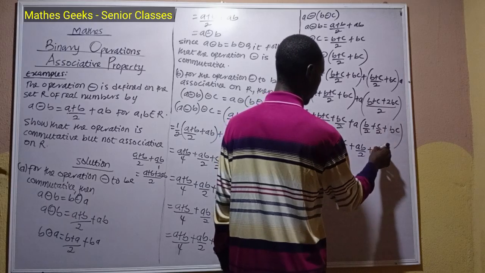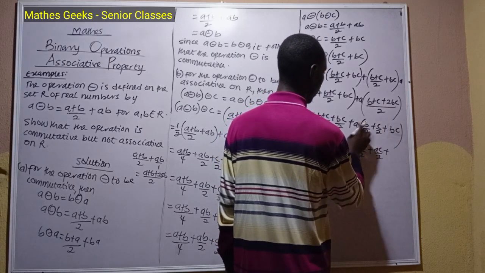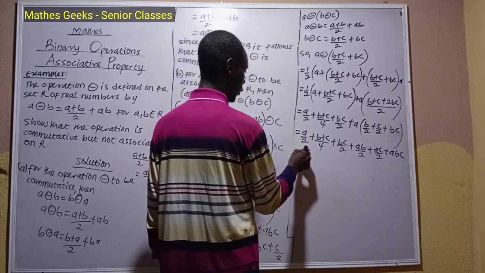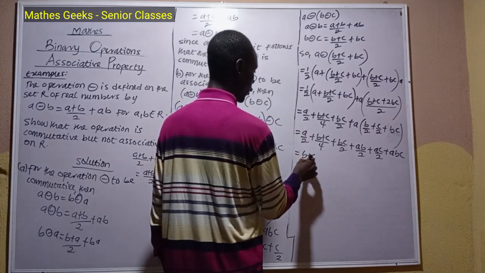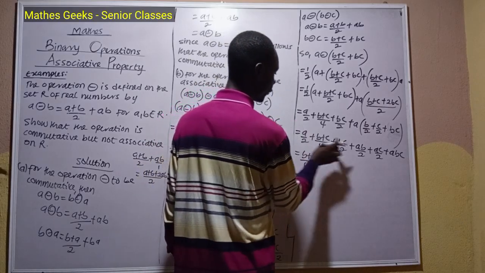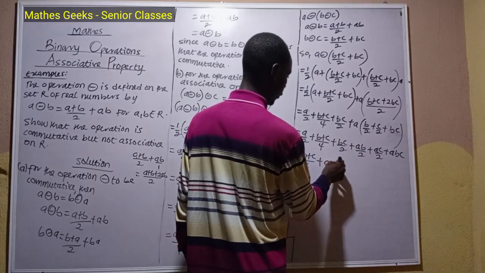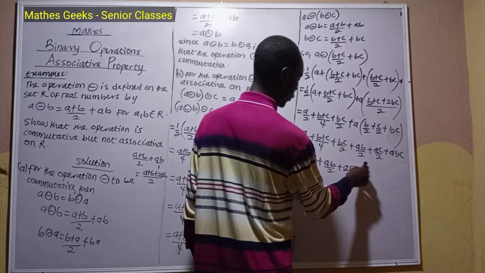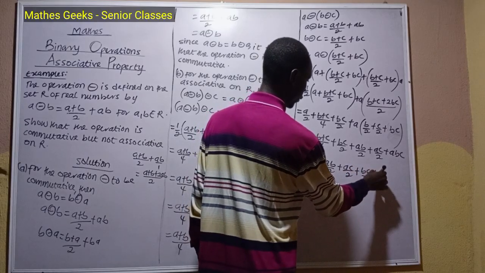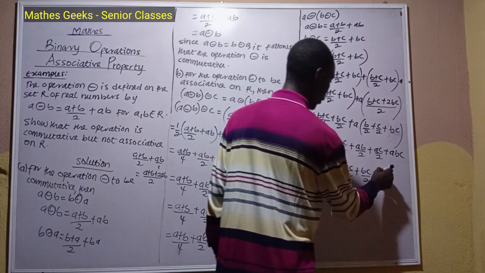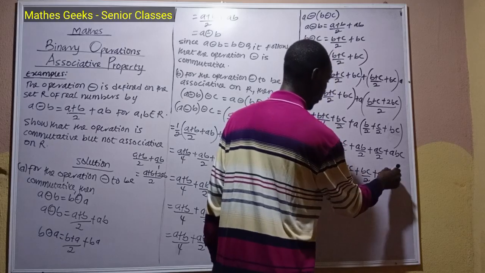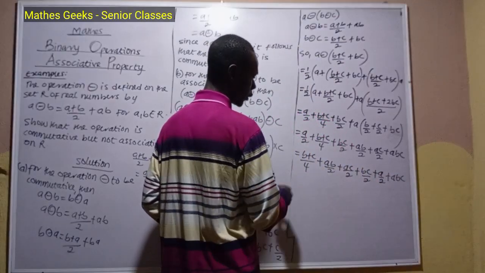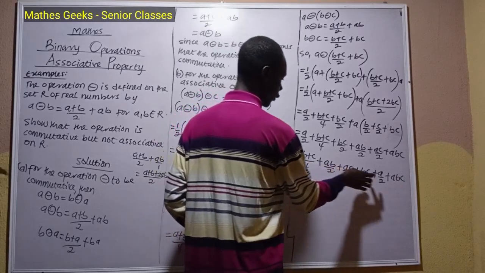A times C is AC over 2. ABC. So let me write this. This will be B plus C over 4 plus AB over 2 plus AC over 2 plus BC over 2 plus AC over 2 and plus ABC. So how many terms do I have? 1, 2, 3, 4, 5, 6.